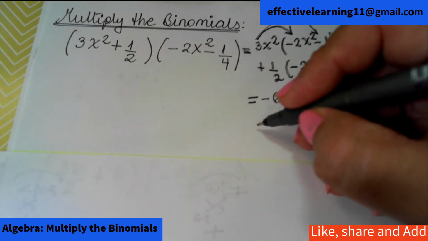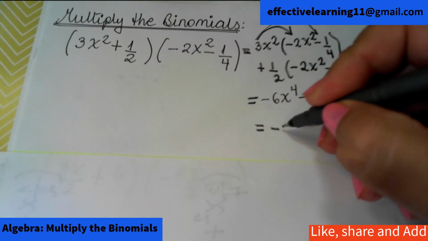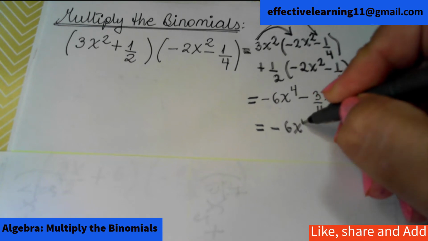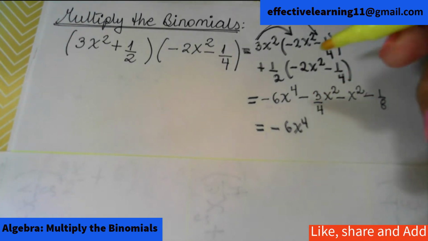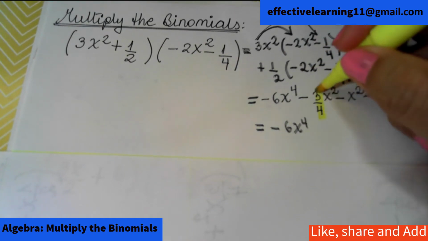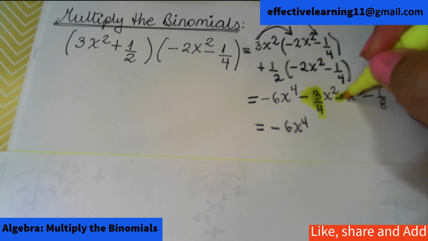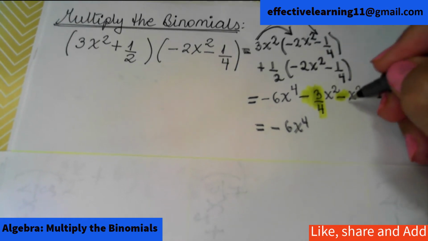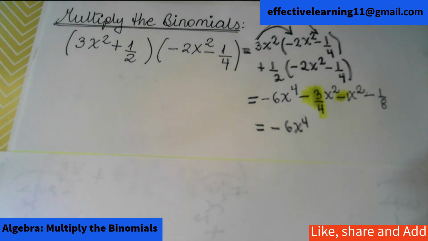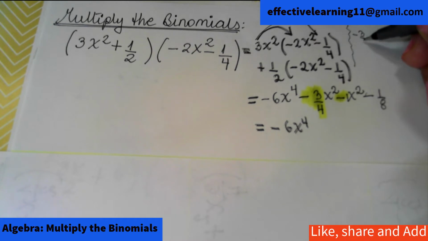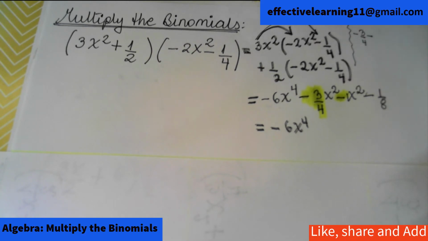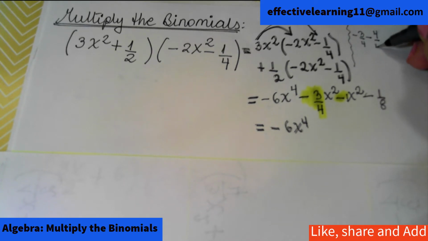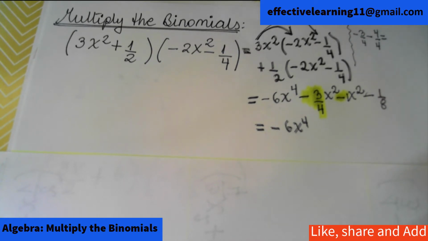Finally, we have the answer here, negative 6 with exponent 4, and we have to operate this coefficient, negative 3 over 4, with negative 1. When you don't have a number, 1. So I'm going to write down here negative 3 over 4 minus 1. But instead of 1, I'm going to write 4 over 4, because 4 over 4 is 1.